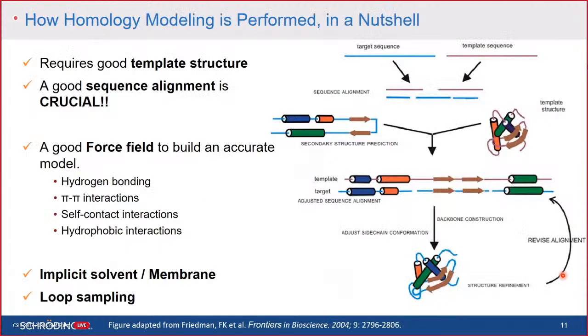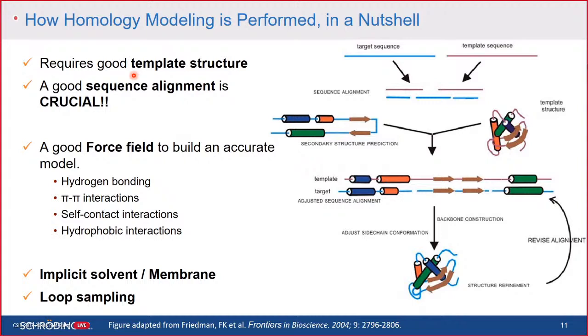But there are a few things which you always need to keep in mind. I would like to focus specifically on very few, but there are many such things you always need to consider while building a homology model. The first, very important thing you always need to take care of is your template structure.